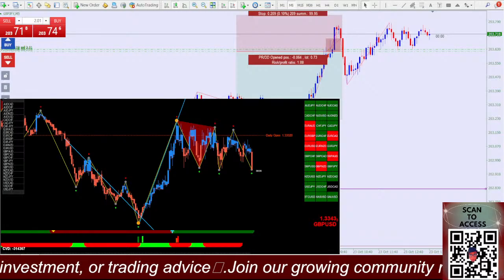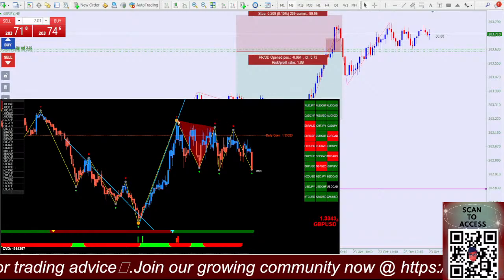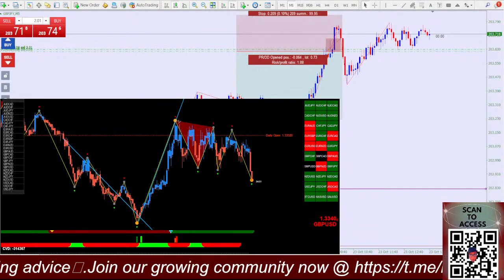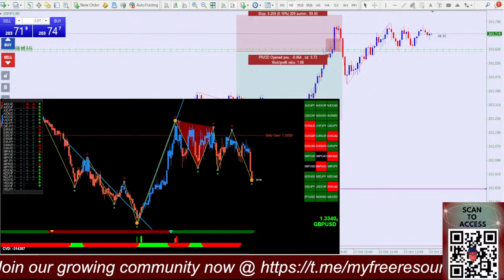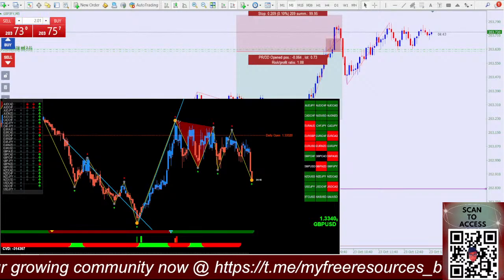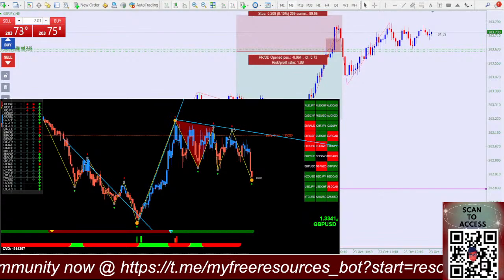Now, Forex is not one thing. A lot of price action users use other approaches to make sure they get proper confirmation, two, three, four confirmations. That's good.